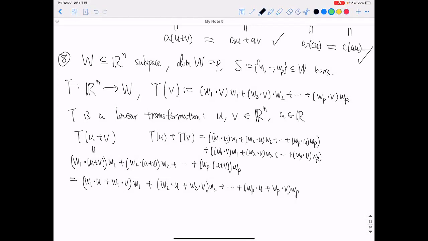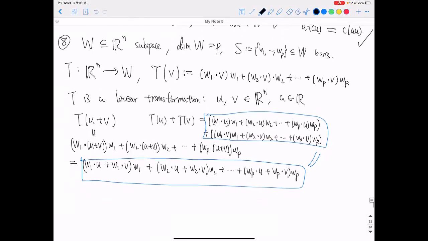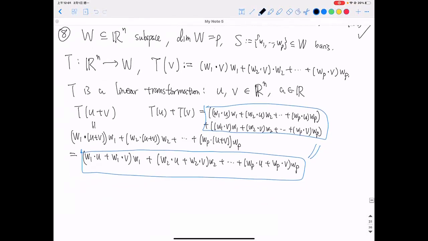And then you just see by looking at these expressions that this expression and this expression are equal. Okay?